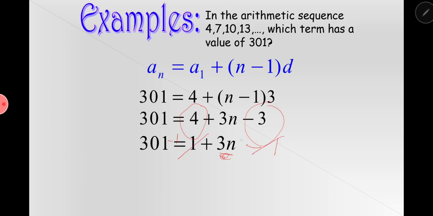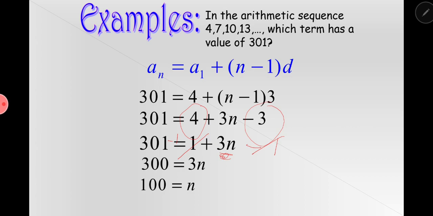So, 1 minus 1, we have 3n. So, 301 minus 1, we have 300. Si n lang ang gusto natin kunin. Anong gagawin natin? So, i-divide natin si 300 ng 3. So, 300 divided by 3, we have 100.